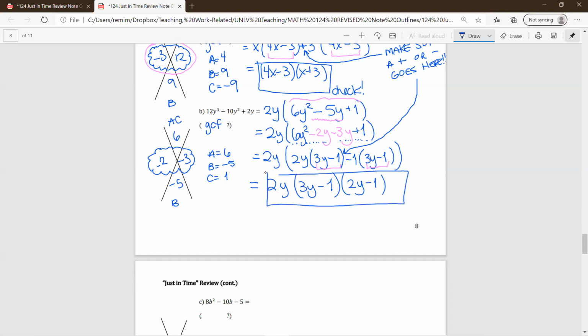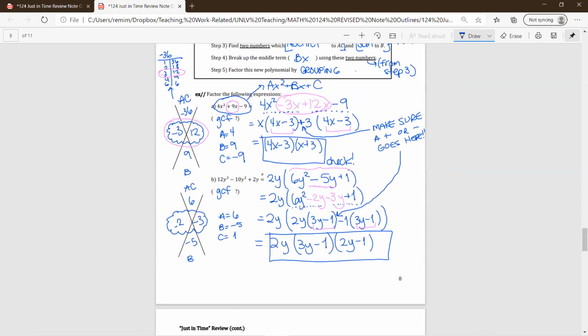And we are done. So we factored it because we started with minuses and pluses, and we changed it to 2y times 3y minus 1 times 2y minus 1. We converted it to multiplication. And you can check your answer by multiplying everything out.